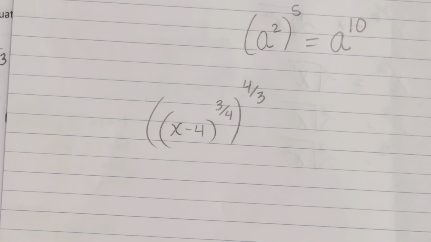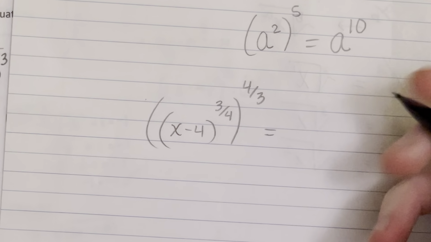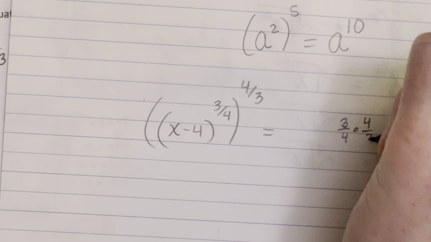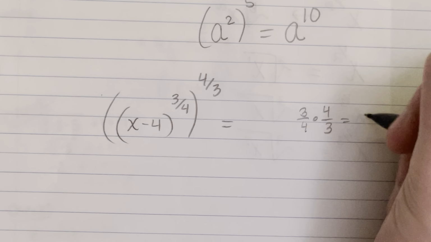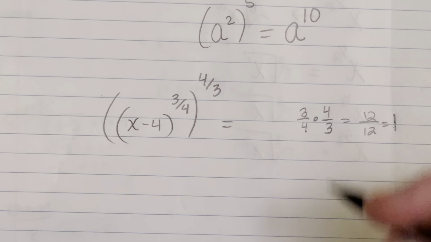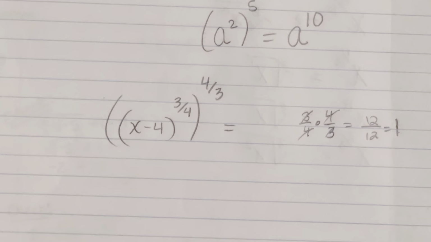Oops, let's bring that up so you can see it. If I had a power to a power, we're multiplying, we're figuring out what is 3/4 times 4/3. Well, that ends up being 12 over 12, which is just 1. And that reciprocal power does always give you 1 if you're working that out.